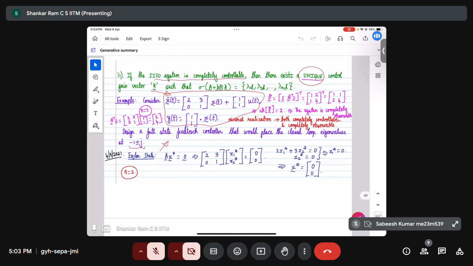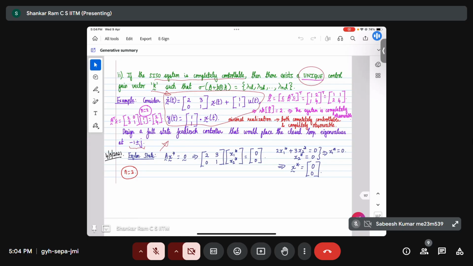So in that regard, the problem statement that we posed to ourselves in the previous class, when we met 1 week ago, was this, right? We took a second order system and we wanted to figure out what will be the full state feedback controller that ensures that the closed loop eigenvalues are at -1 plus or minus j.